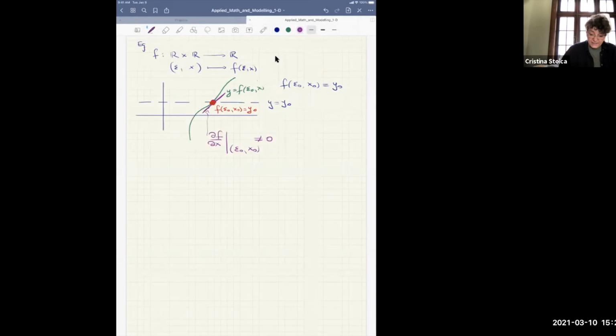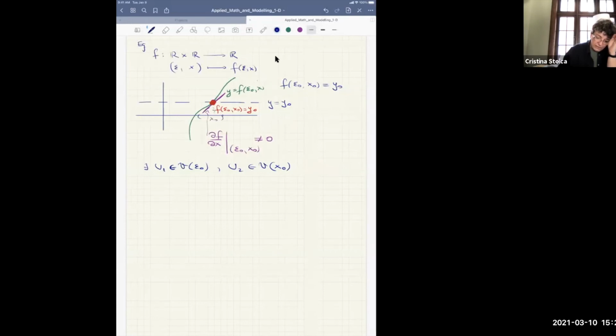Now, what we are saying in the theorem is that there is a neighborhood of epsilon 0, which I cannot draw, and there is a neighborhood of x naught, which I can draw. So I'll make a neighborhood here somewhere around x naught.